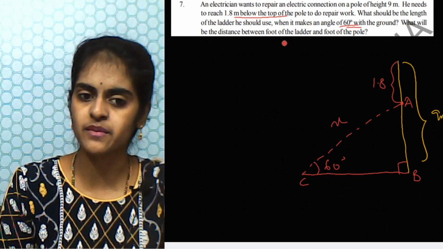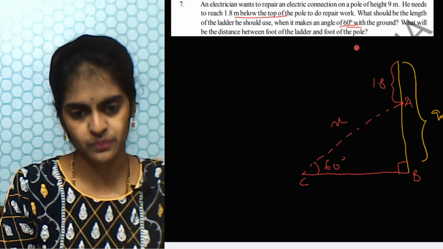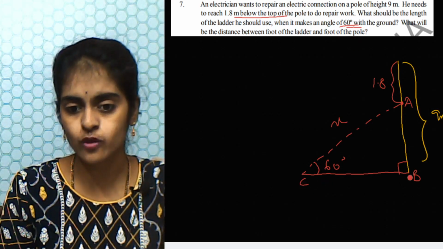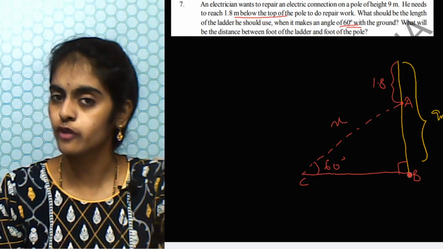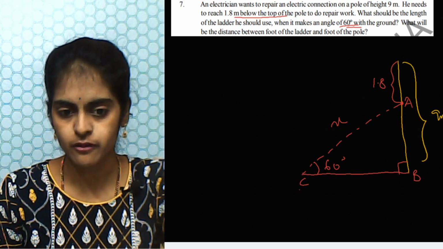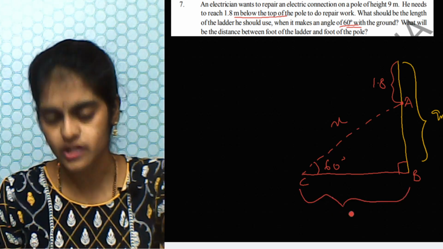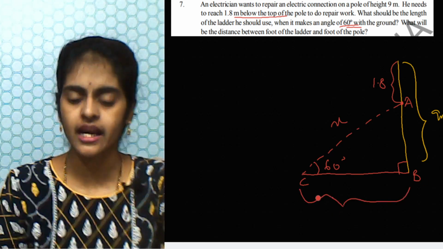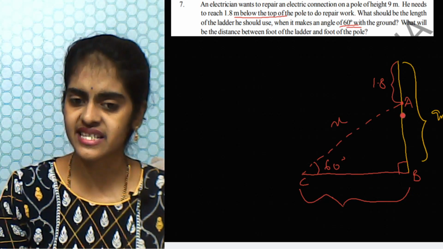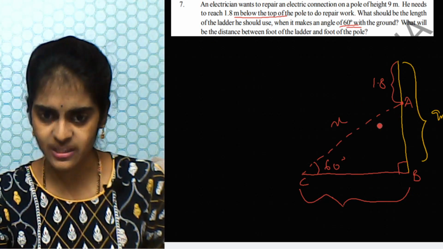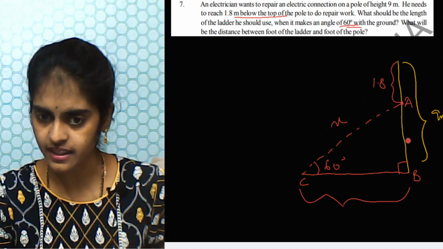What will be the distance between the foot of the ladder and the foot of the pole? So you have to find the distance between the foot of the ladder, this is the foot of the ladder, point C, and foot of the pole is point B. So you have to find BC. Now to find BC, let me firstly take this height AB.